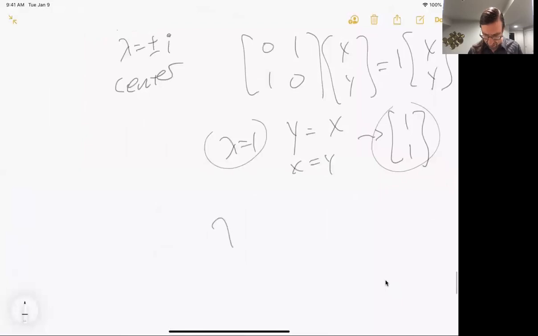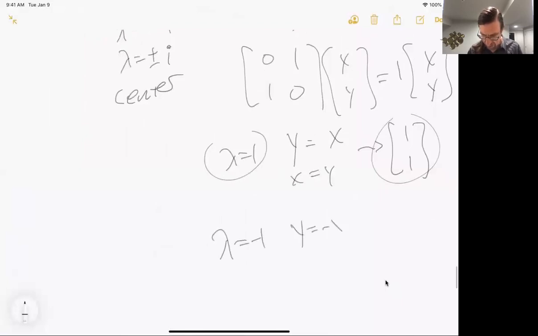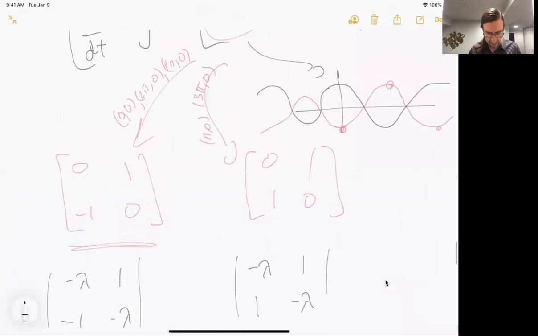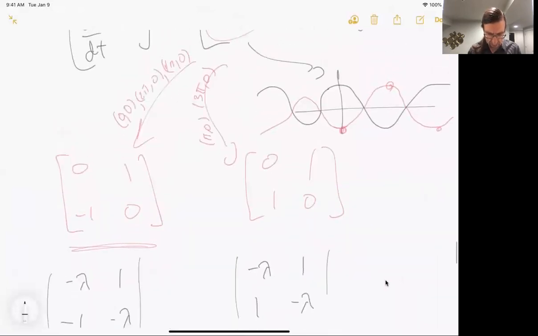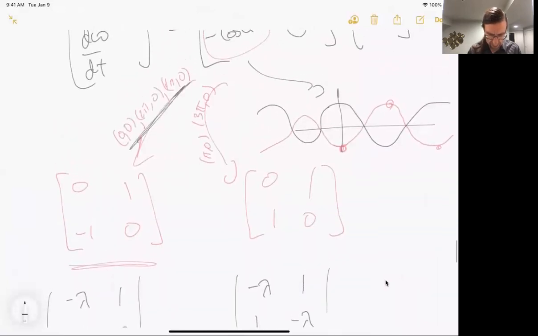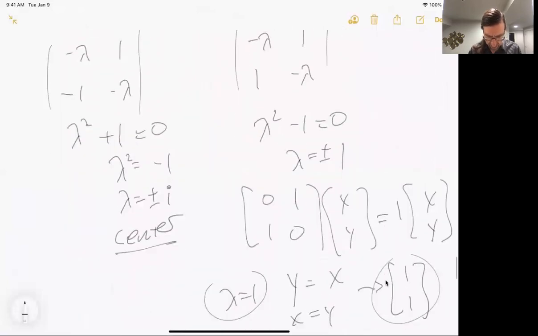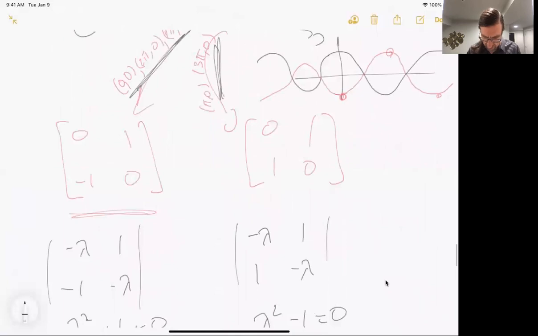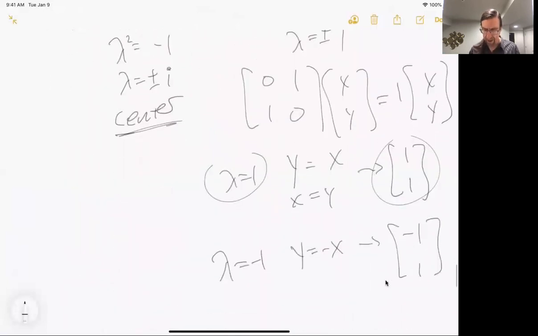And for λ equals -1, we'll get something similar. We get y equals -x, which gives us (-1, 1). All right, let's plot it. For the even multiples of π, comma 0, we see a center. And for the odd multiples of π, comma 0, we see the saddle.